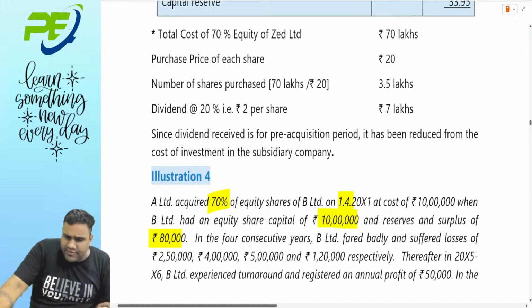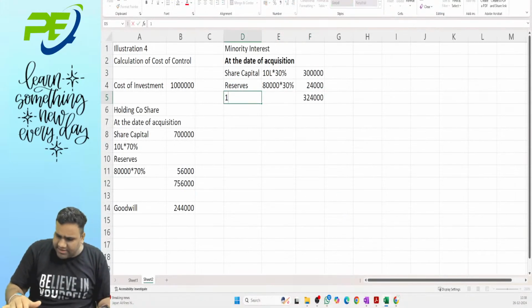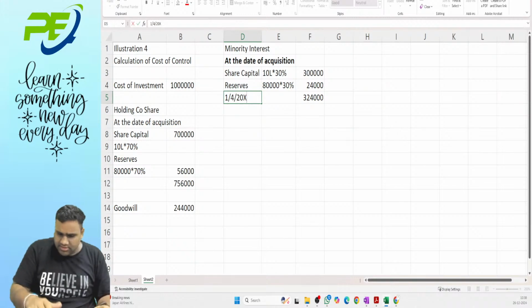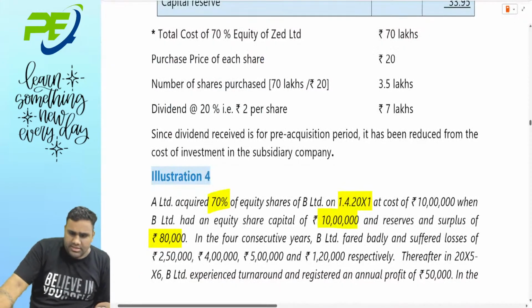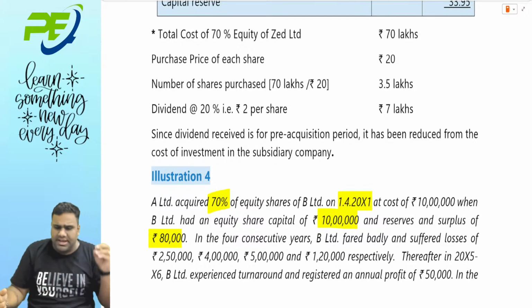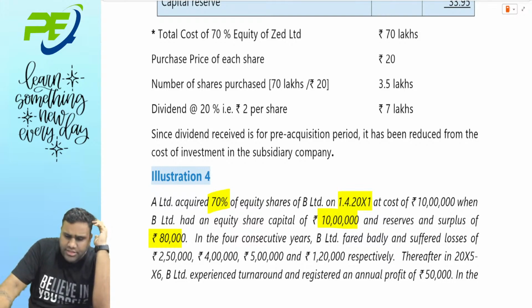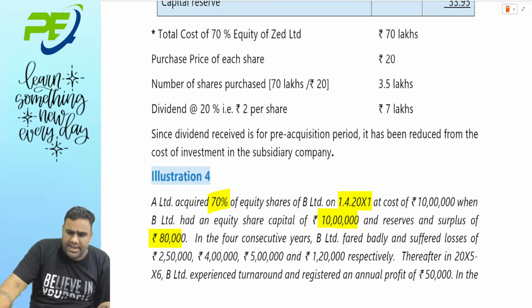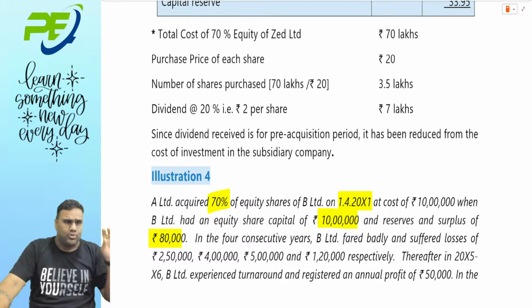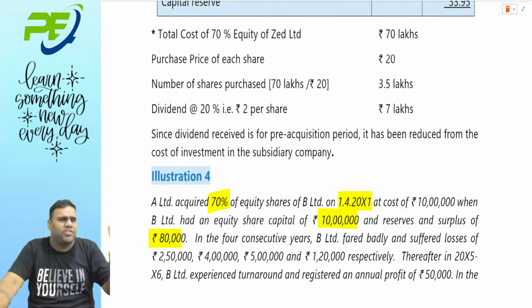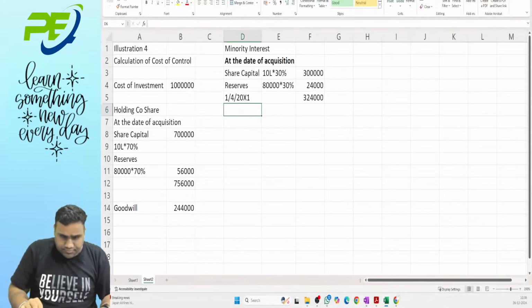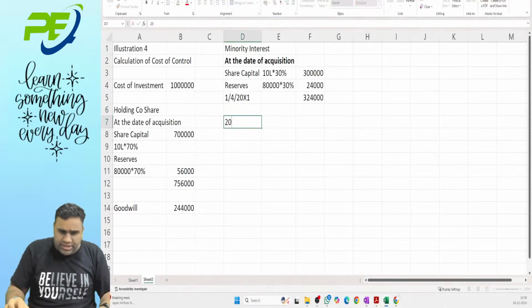When did we acquire? 1st April 20x1. So I'll write the date 1st April 20x1. Then reserves. In 4 consecutive years, B Limited fared badly and suffered losses of 2.5 lakh, 4 lakh, 5 lakh, and 1,20,000. So this happened in 20x2, x3, x4, x5. Now 31st March 20x2.